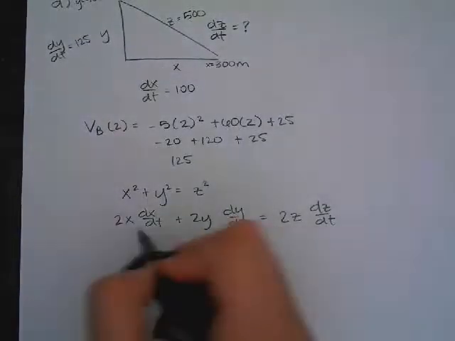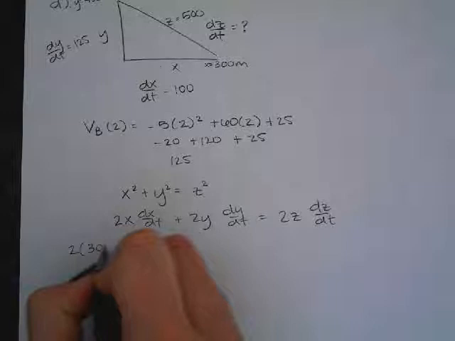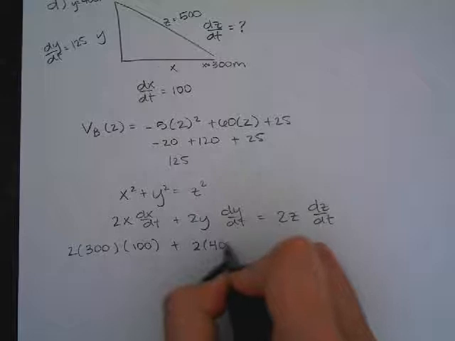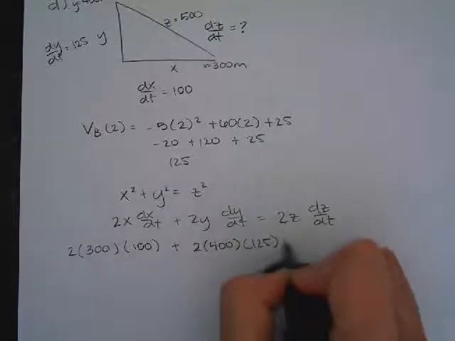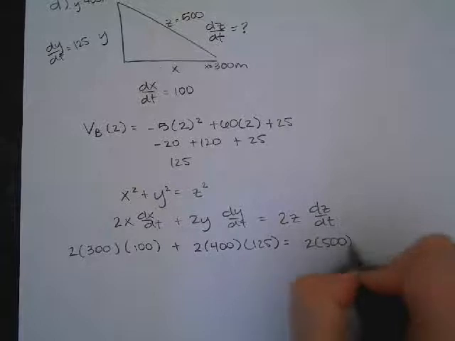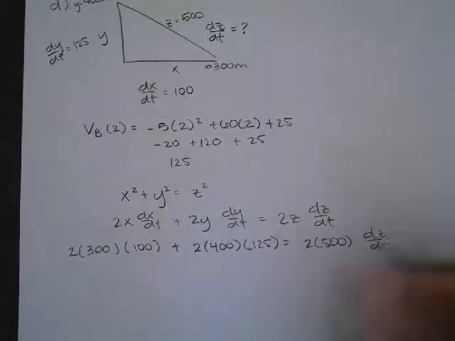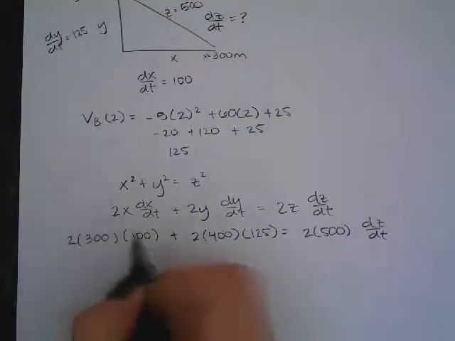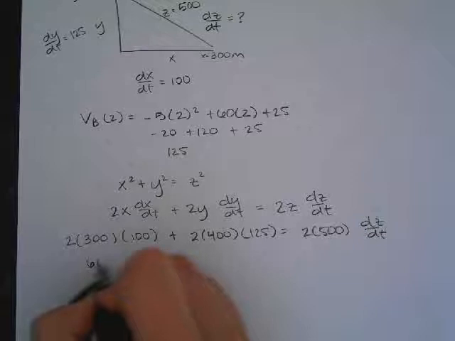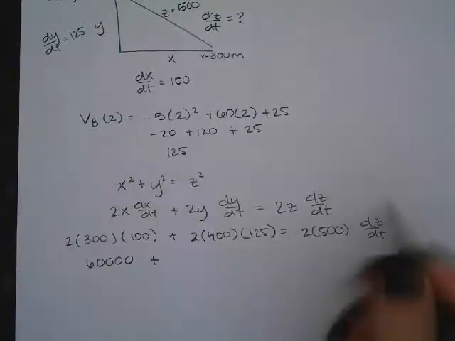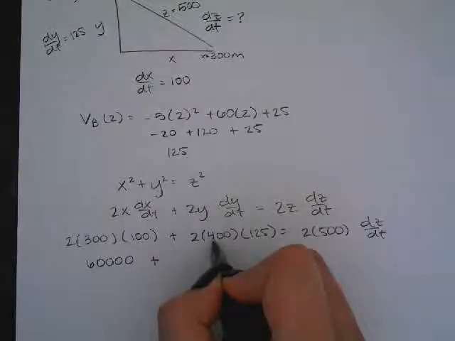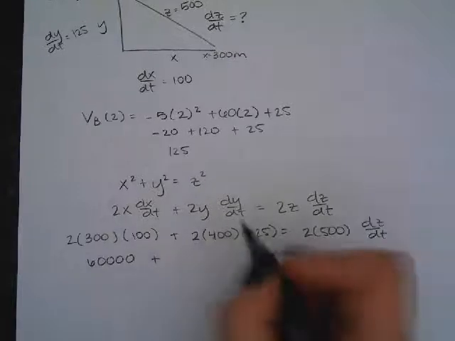And so I've got 2 times 300 times 100, plus 2 times 400 times 125, equals 2 times 500 dz/dt. So 2 times 3 times 1 is 6 with 4 zeros after it. 125 times 4 is 500. Oh, that's a bad way of doing it.